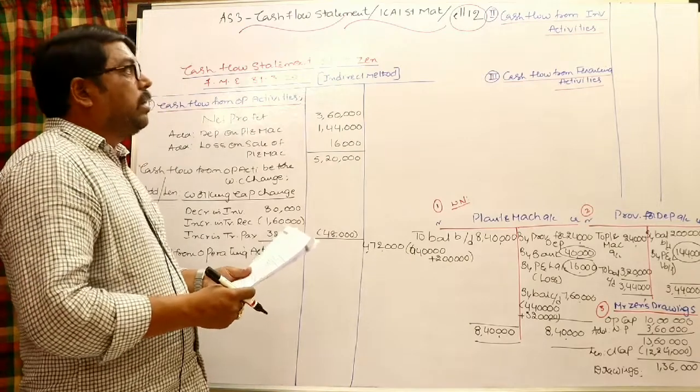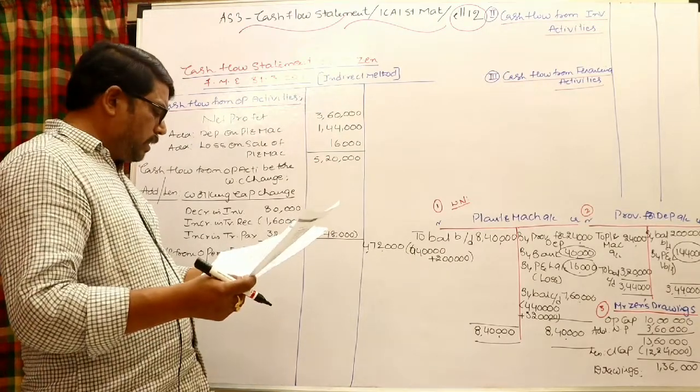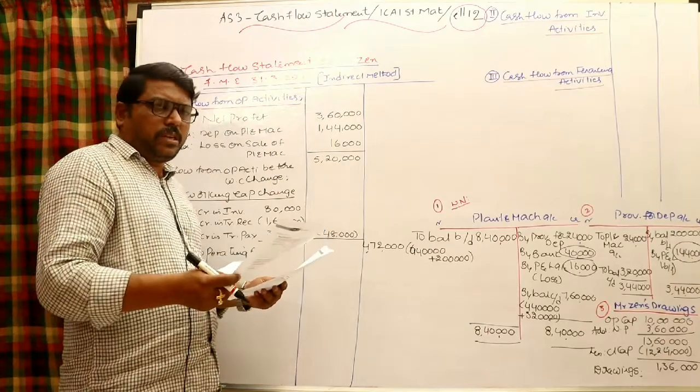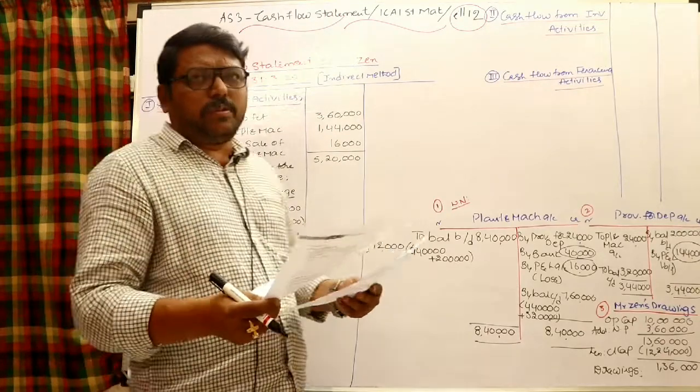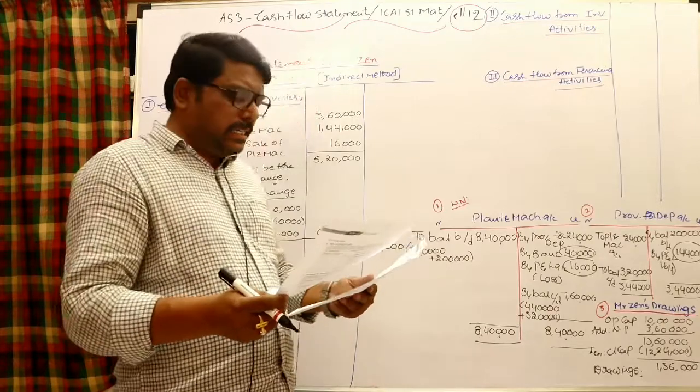Then come to the first investing activities. What are the different items? Purchase and sale of assets and investments, and interest and dividend received.